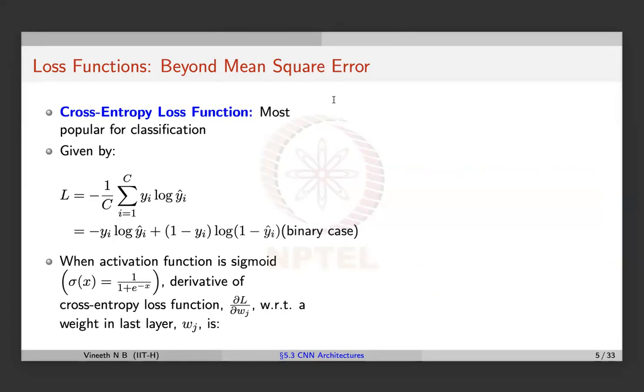I guess last time I said that I'd be discussing it. We discussed the mean squared error, where if your target variable is y and your prediction is y dash, you just take the squared error.